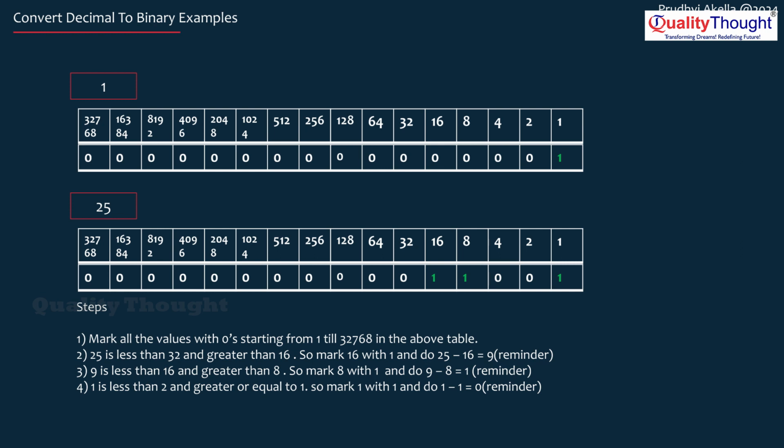And the rest will all be assigned zeros, which means this into 0 plus this into 0 plus this into 0, like that till here, and then you have 16 into 1 plus 8 into 1 plus 1 into 1, which is represented as 25. That means when you sum up 16 plus 8 plus 1, that will be 25.